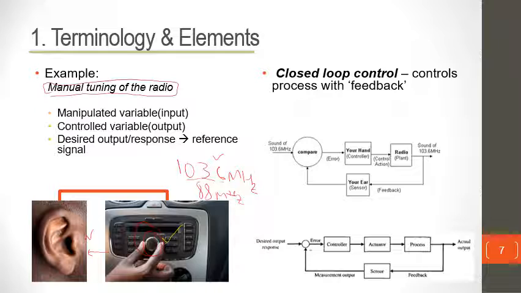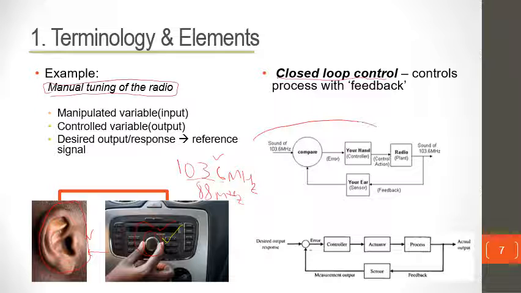Now, this is an example of what's called a closed loop system, because each time you effect the control, you manipulate that manipulated variable, you at the same time use a sensor, in this case the ear, to get feedback to understand if you have reached the desired frequency.